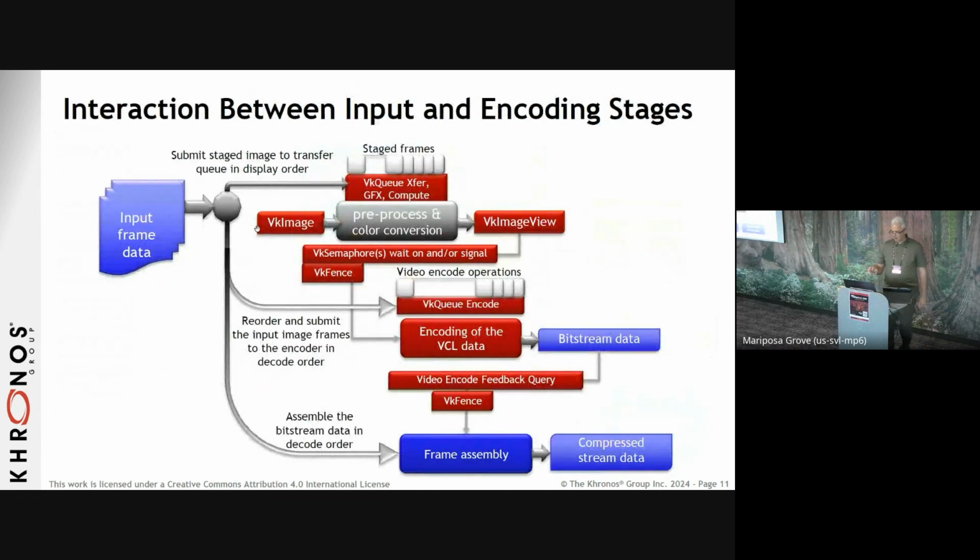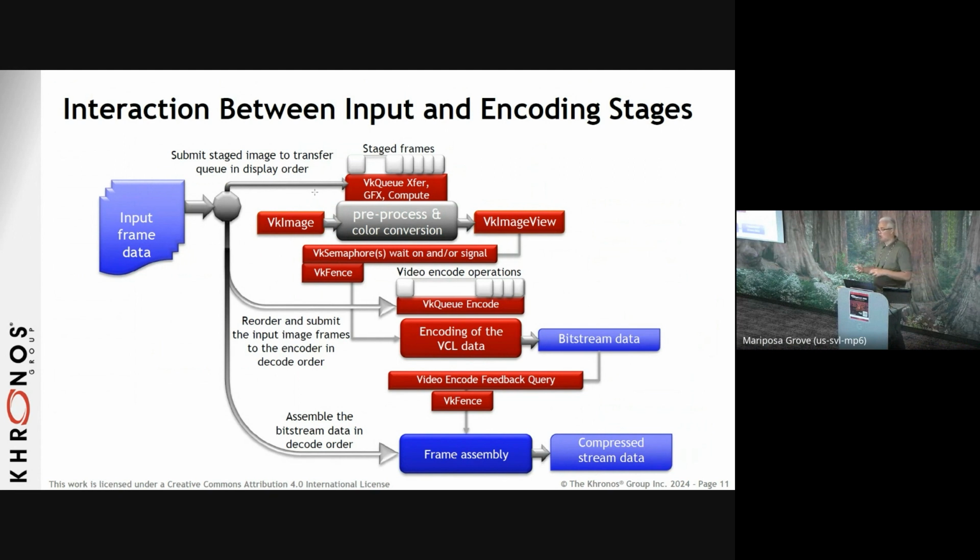And so this is a bit of a different view of all these things we discussed. You can see the input frame data comes in, and then this data gets pushed to a queue which could support transfer, graphics or compute, based on what you're going to do. If you just need to change the layout, let's say linear to optimal layout, you only need a transfer queue.